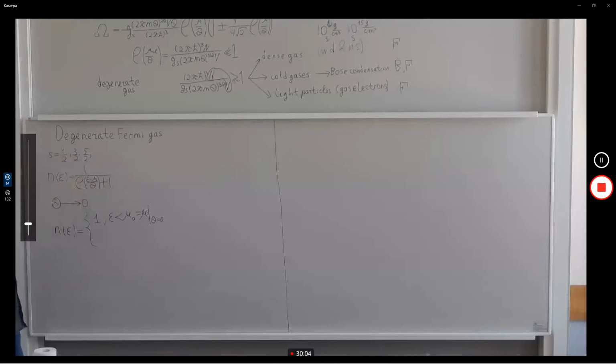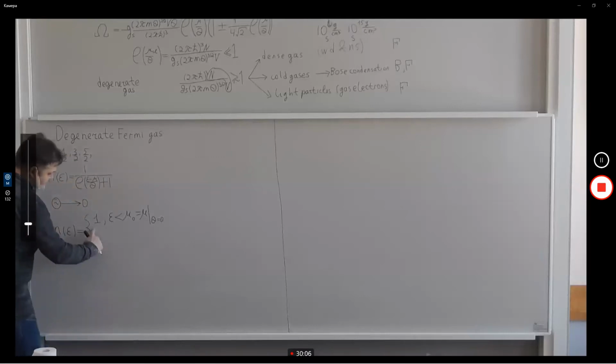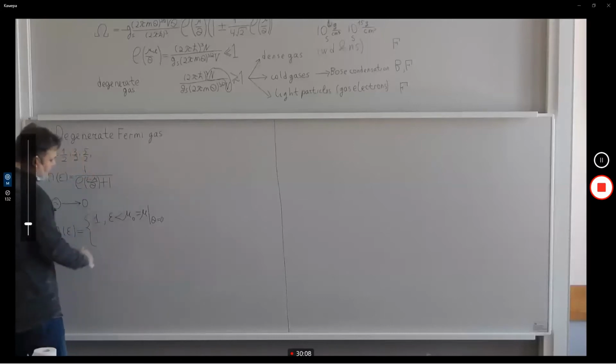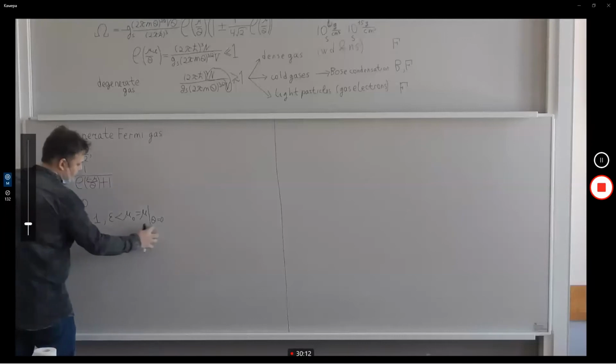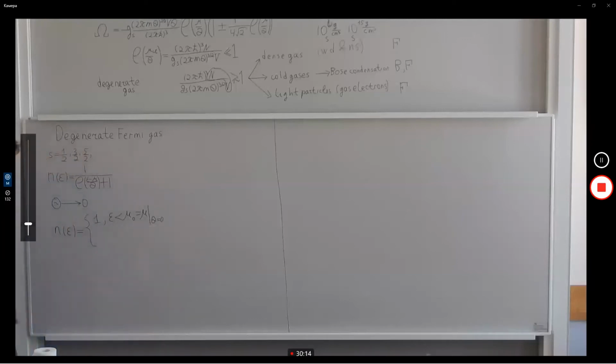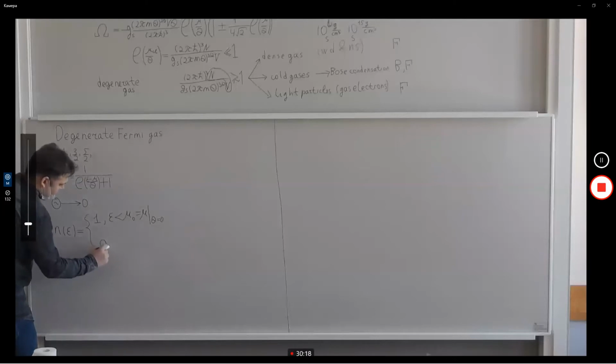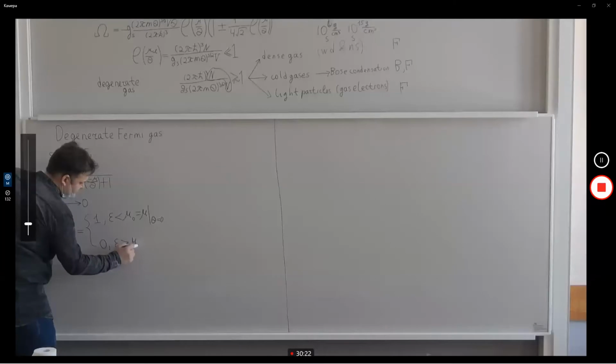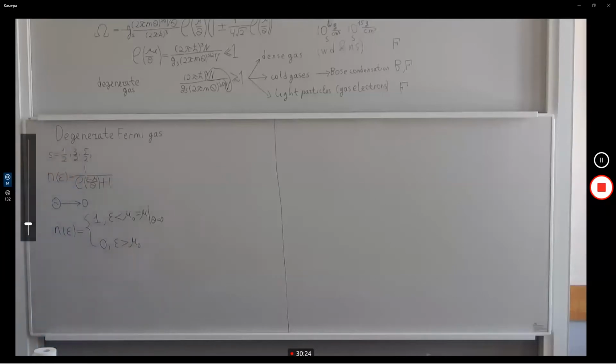And 1 divided by something very big is 0. Please leave one line intentionally blank and put 0 here. Epsilon is greater than mu sub 0.